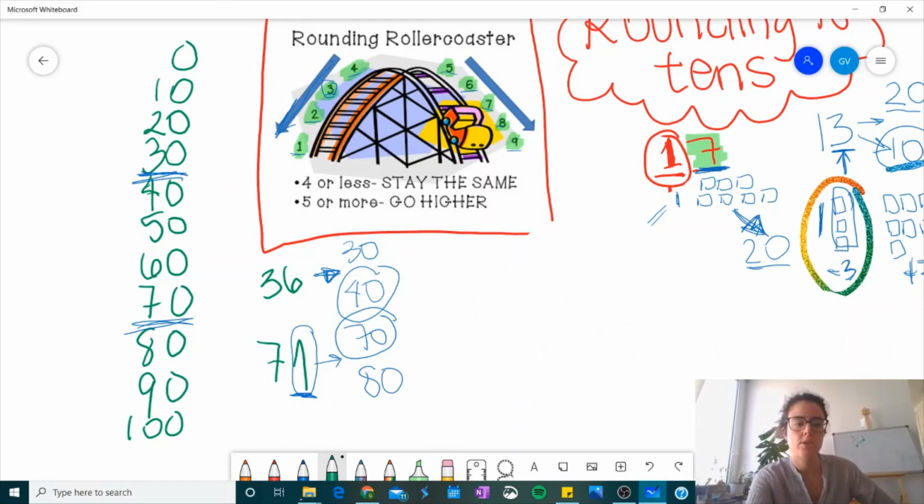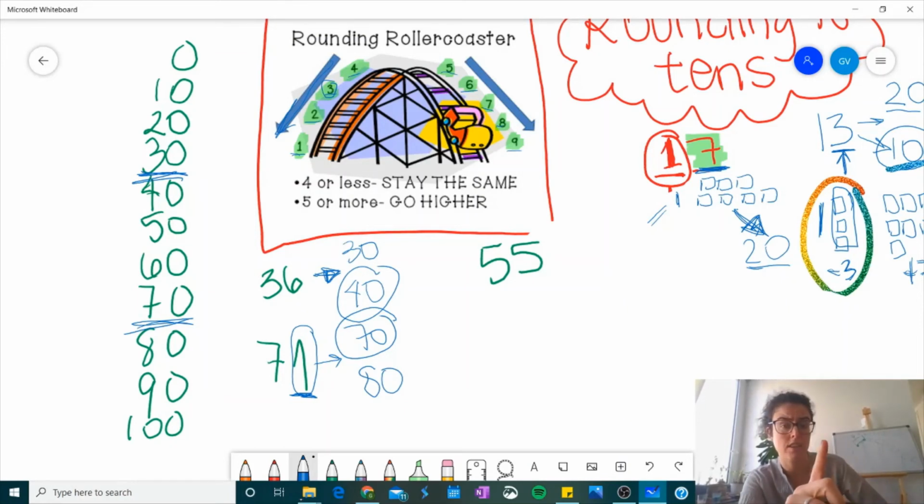So if Miss Gia gives you the number 55, what are the two options for tens that we could round to? This is a very important step, guys. Don't forget this step. We need to give ourselves two options. So if we go backwards, it would be 50. And if we go up, it would be 60.